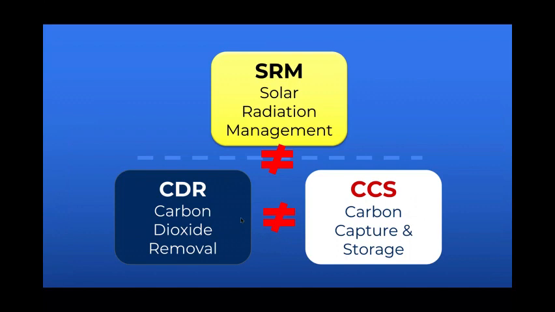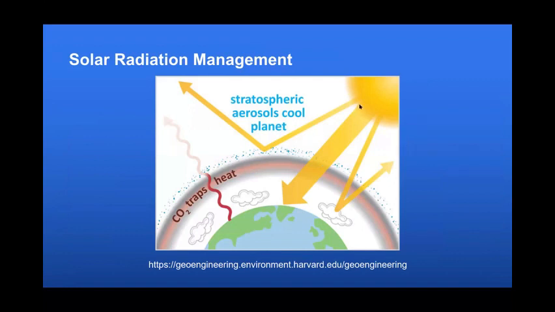I also want to point out that CDR and CCS are both very different from SRM, which is yet another three-letter acronym. That stands for Solar Radiation Management. And this is ways of actually tweaking how much radiation comes into the Earth. And there are different technologies being investigated.